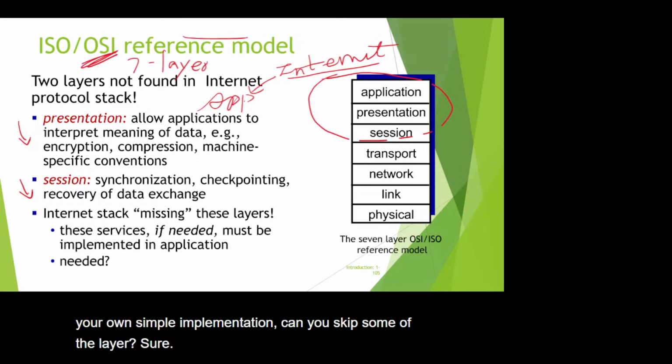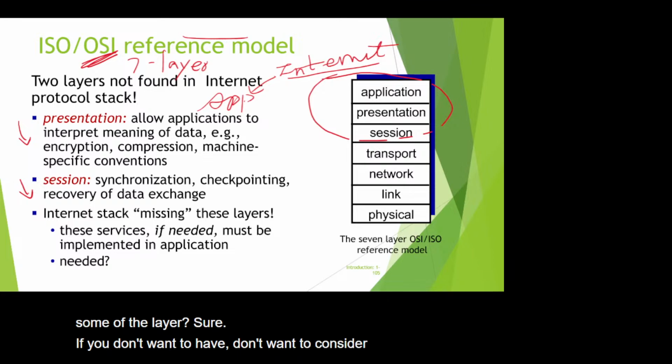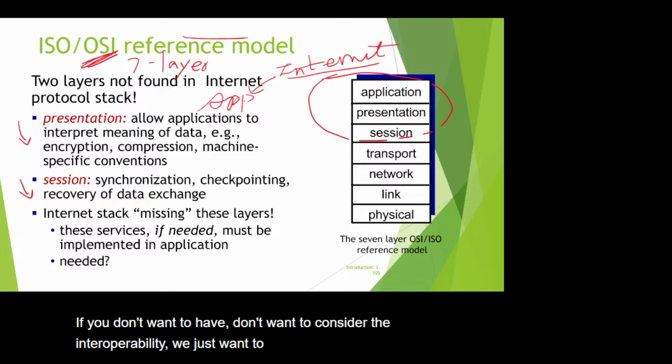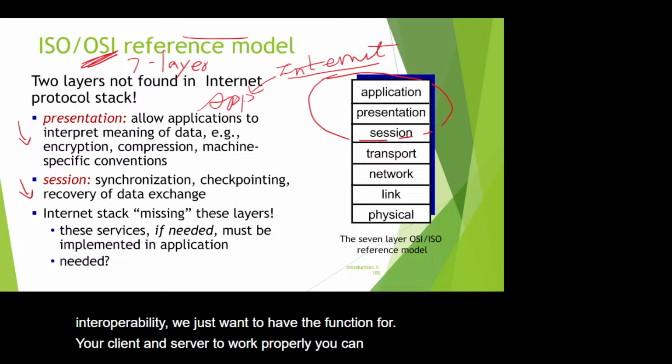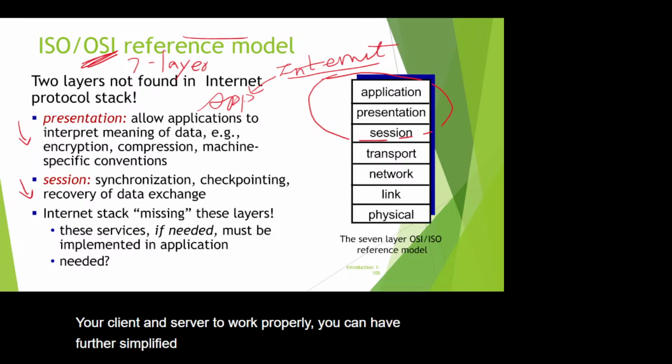If you don't want to consider interoperability, you just want your client and server to work properly, you can have a simplified protocol stack for sure. Or maybe for some layers, you can rely on some functions, for example, from the internet. That's okay for sure.